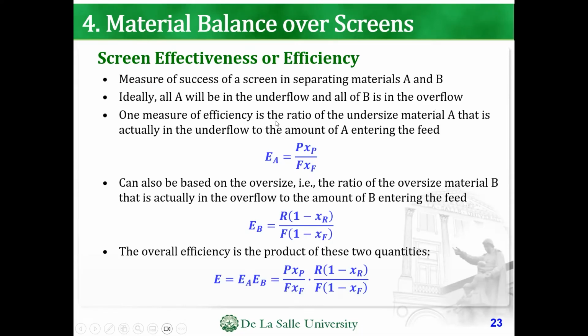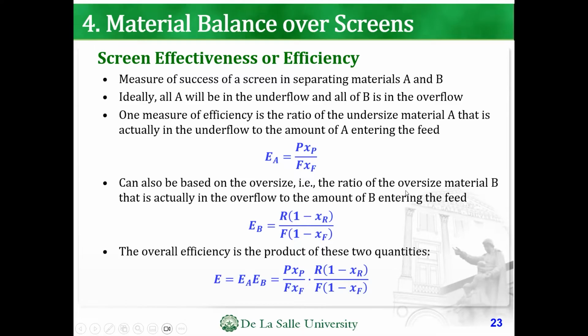One measure of efficiency is the ratio of the undersized material A that is actually in the underflow to the amount of A entering the feed. So the amount of A in the product over the amount of A in the feed, that's the efficiency based on the undersize. Sometimes it can also be the efficiency based on how much was rejected.